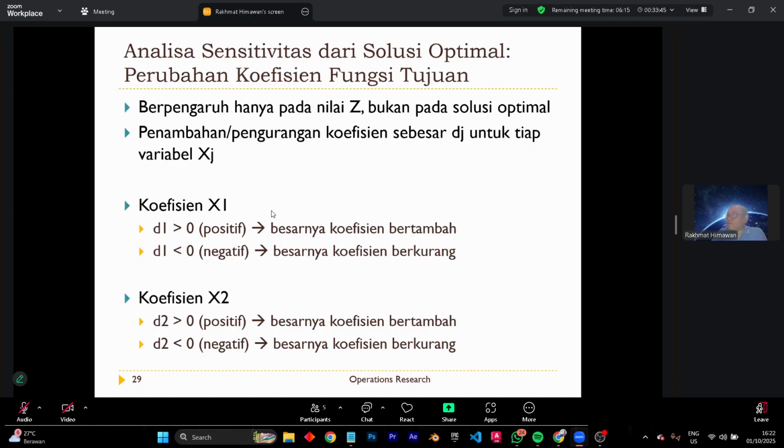Let's continue. Now, this is a change. What if, again, we change the coefficient of the objective function? For this example, we use small d1 and small d2 as the change of the coefficient of x1 and the change of the coefficient of x2. If we sell 1 ton of product x1, we'll have this revenue in dollars.